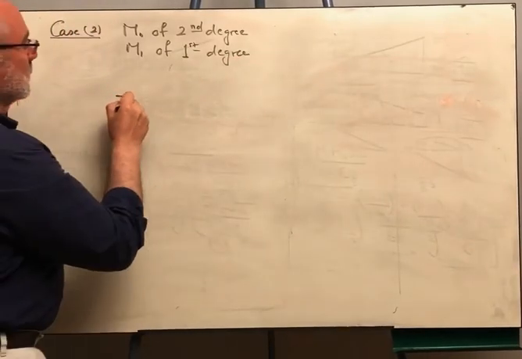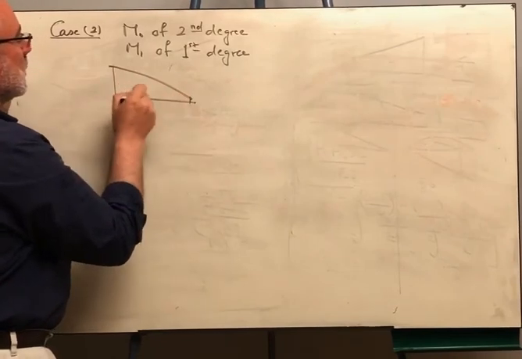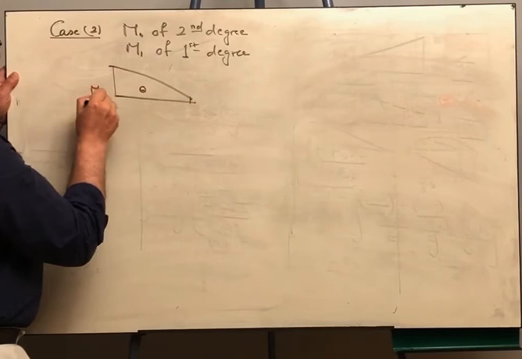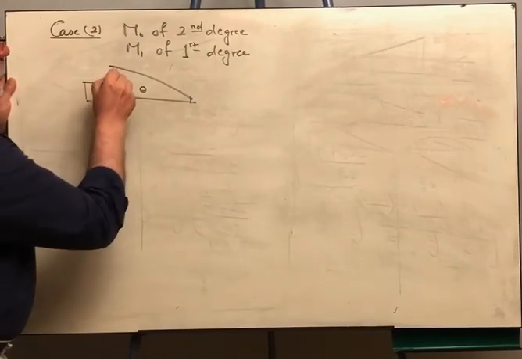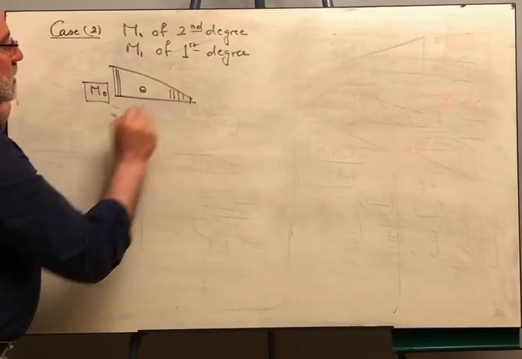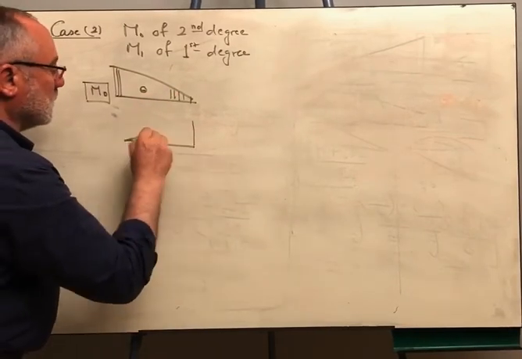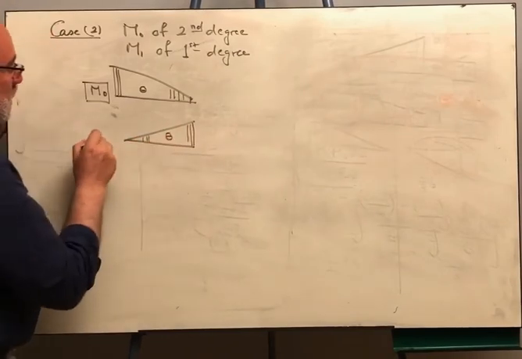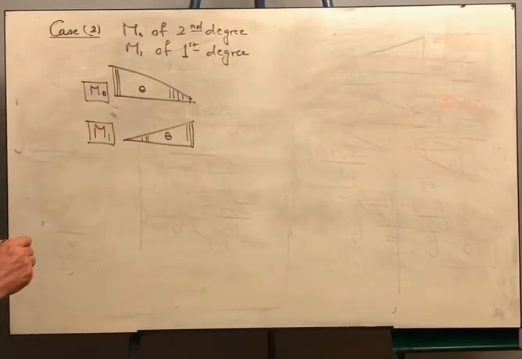In general, the curve of M1 can be like that, of M naught can be like this. This is the shape of the bending moment diagram, and the corresponding moment diagram due to the unit load M1 is linear like this.